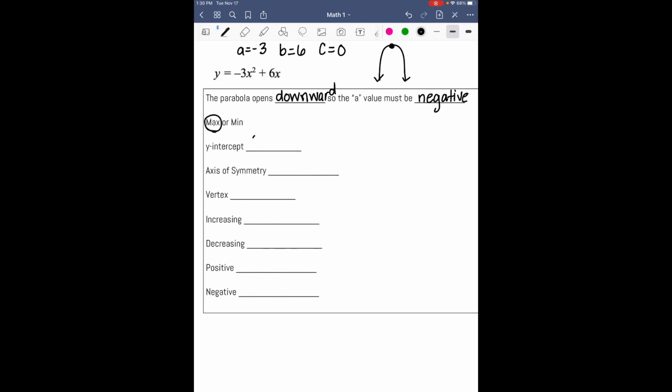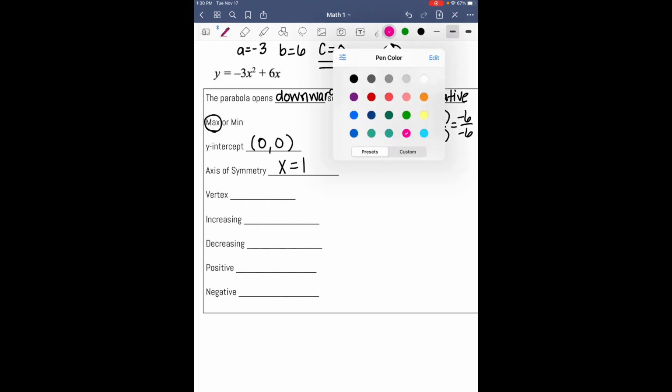My y-intercept is going to be my c value, so it's going to be 0, 0 because our c value in this problem was 0. And our axis of symmetry, x equals negative b over 2a. So x equals negative 6 over 2 times negative 3. So we have negative 6 over negative 6, so my x value is going to equal 1.